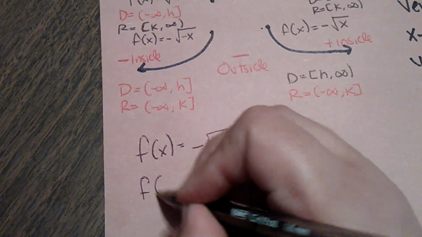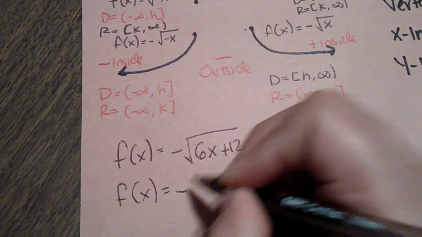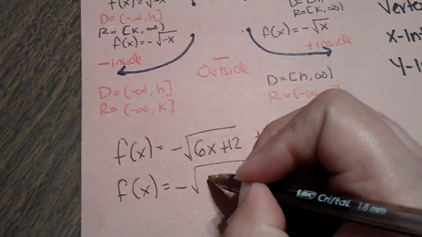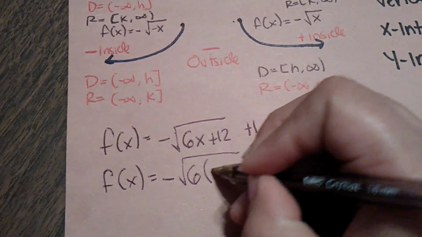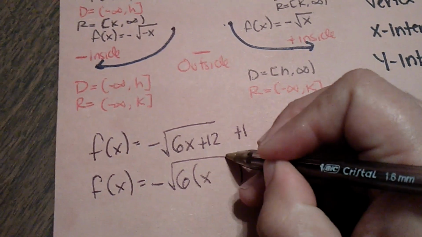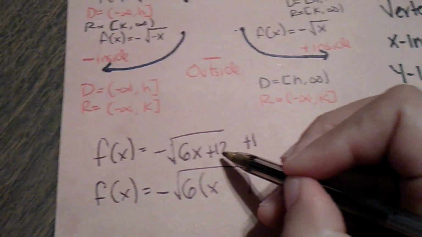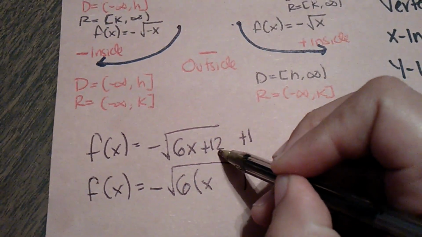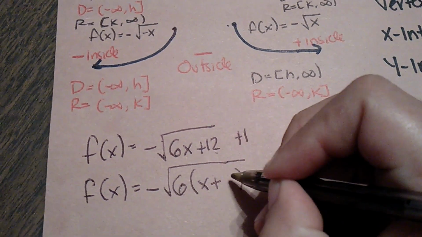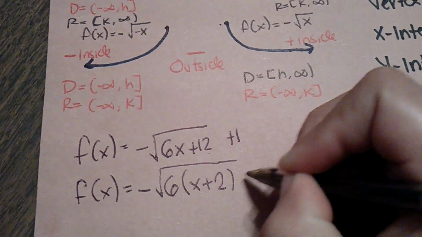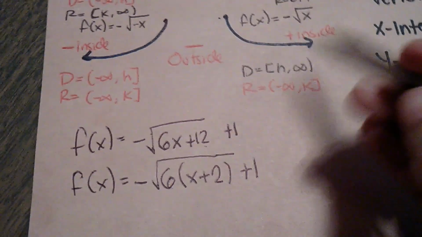In order to find the vertex, you need to factorize your x. So the 6 is going to be outside and x is going to be inside. But because of this, you need to remember that you need to divide 12 by 6 and write it here. Plus 12 divided by 6 is going to be 2, plus 1.